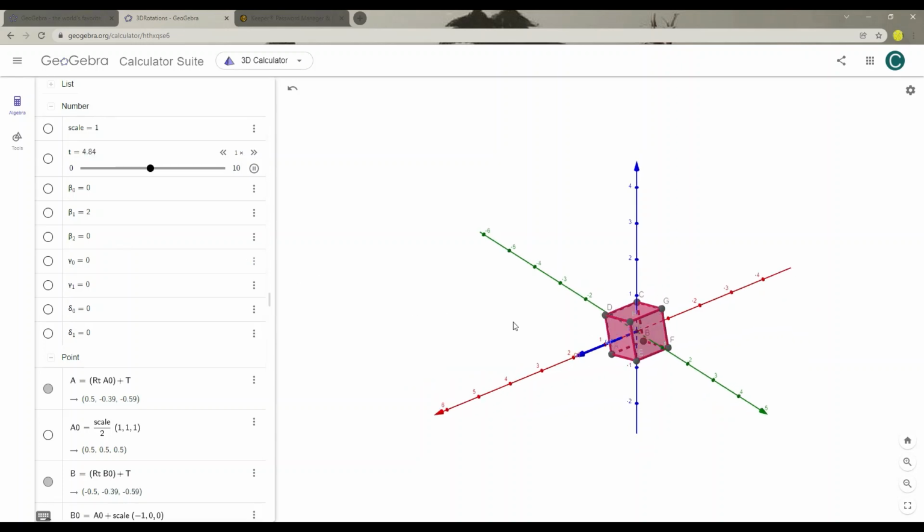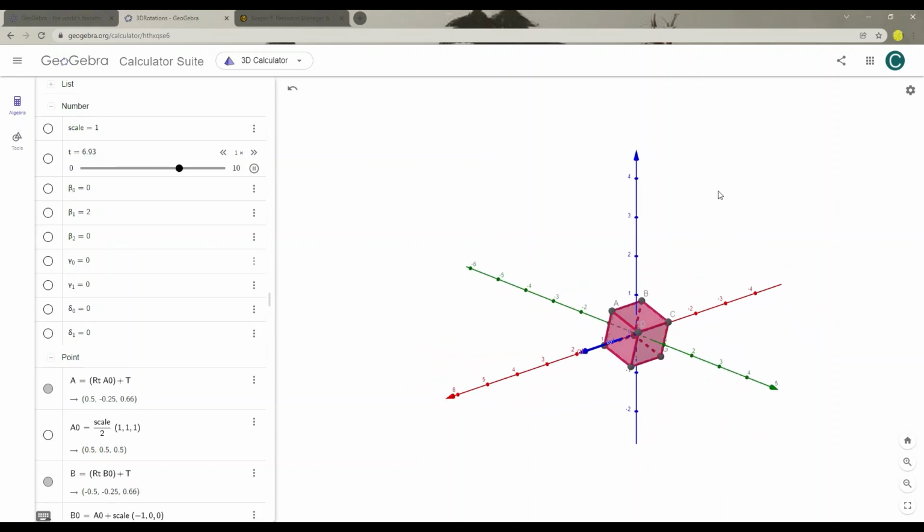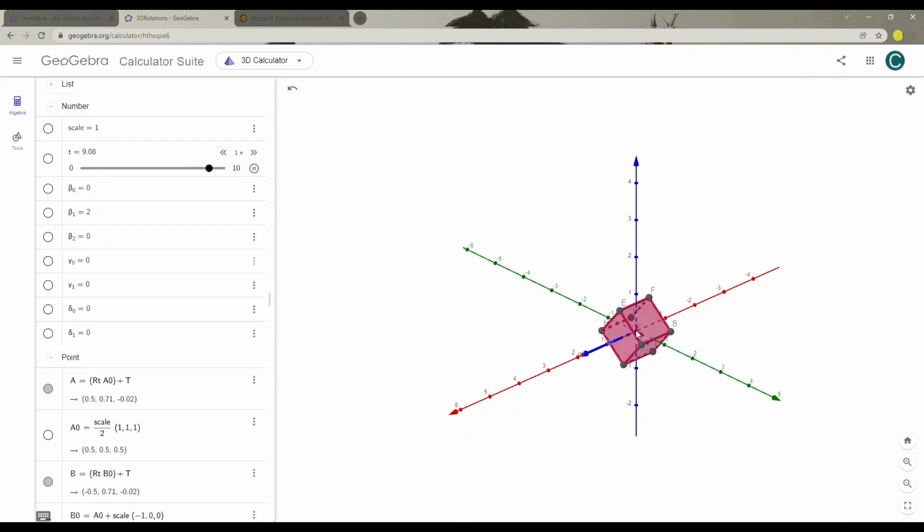A couple things to point out here. I chose to represent this rotation about the center of the cube, and that was a choice, and the choice you make is highly dependent on the details of the problem you're trying to solve.